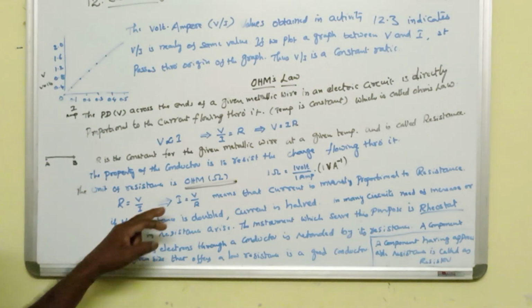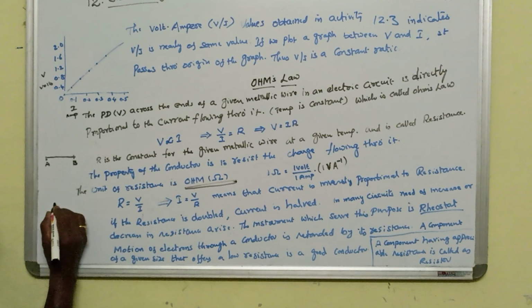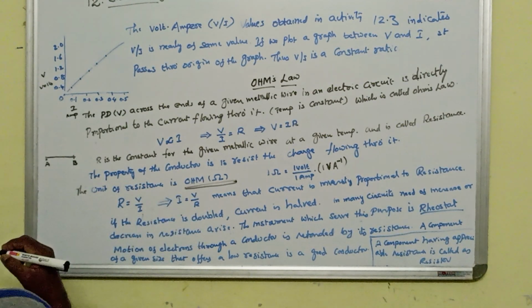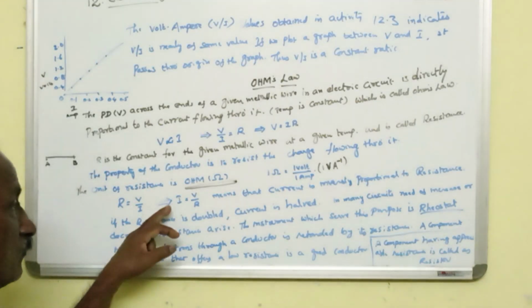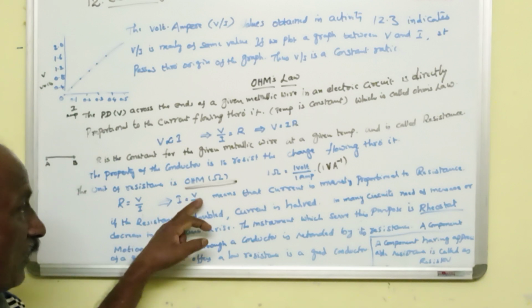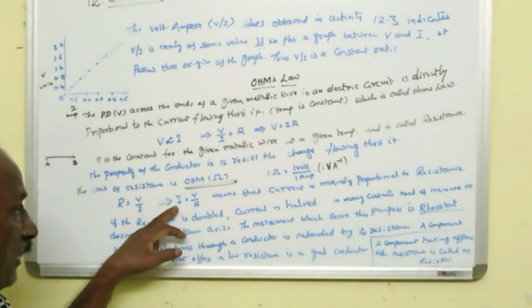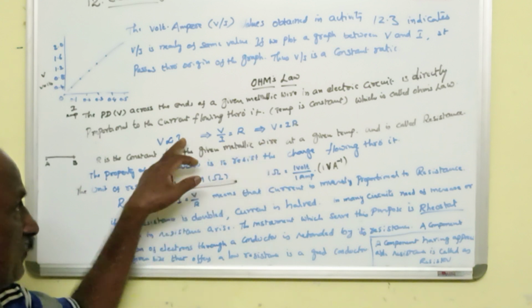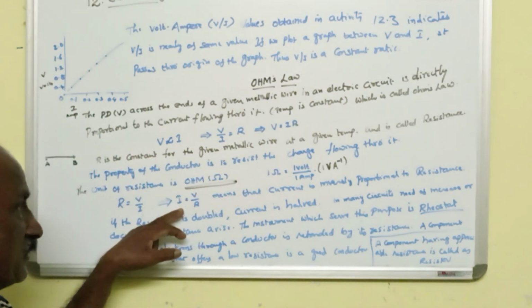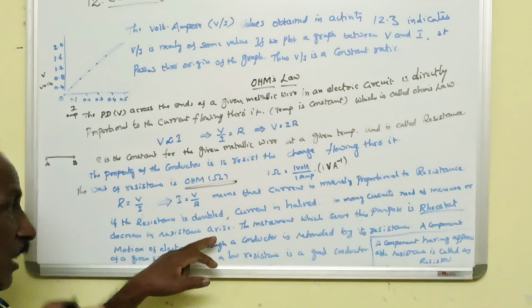As an example, I is directly proportional to V, from which I is equal to V by R. We have V is equal to IR, from which I is equal to V by R. So if we double the resistance, the current is half.